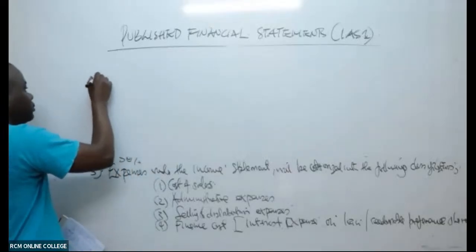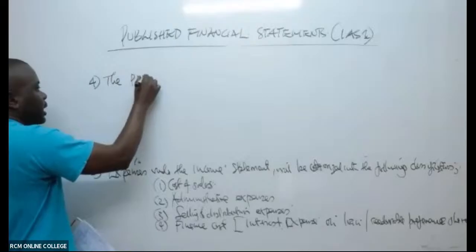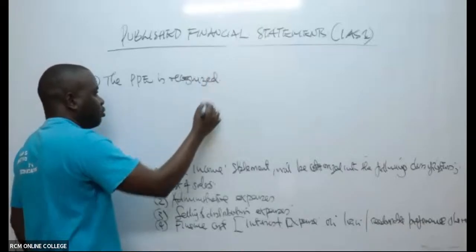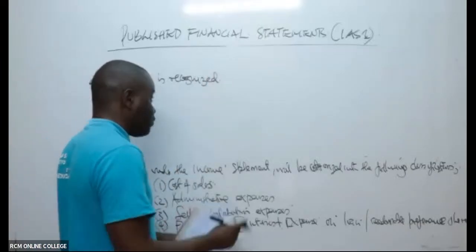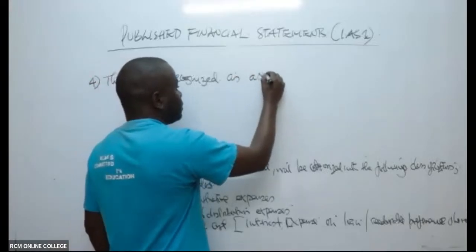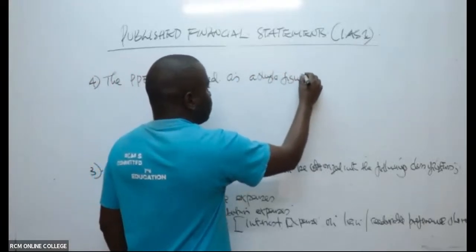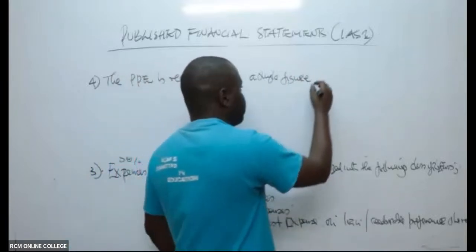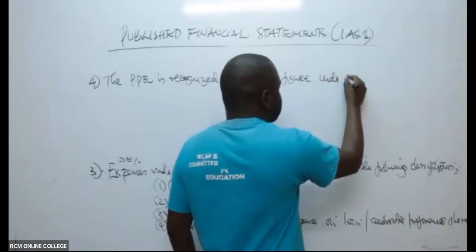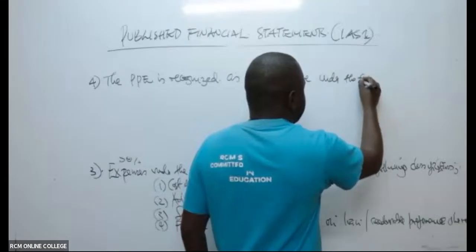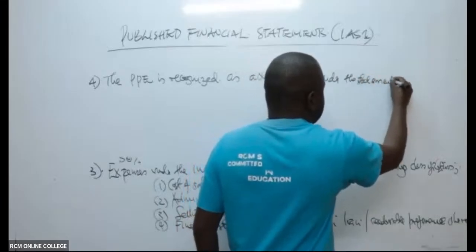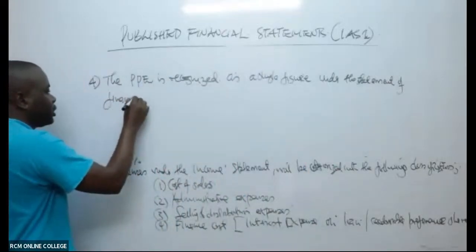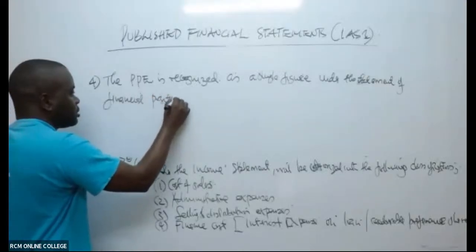Number 4, the property, plant, and equipment is recognized as a single figure under the statement of financial position.